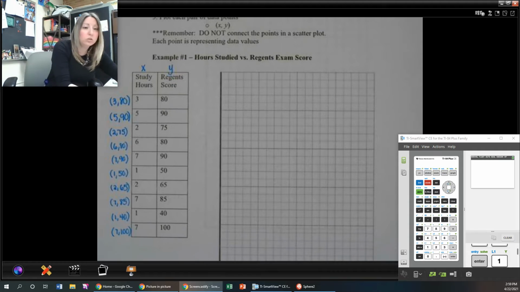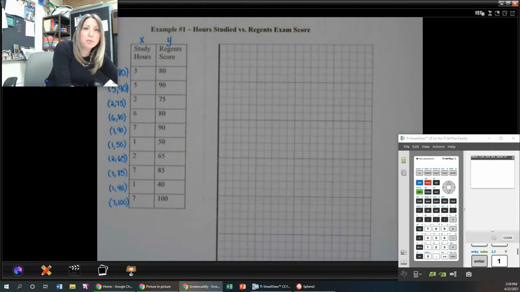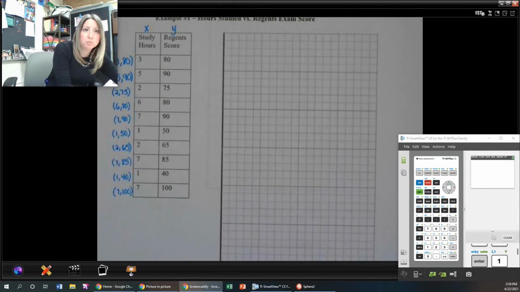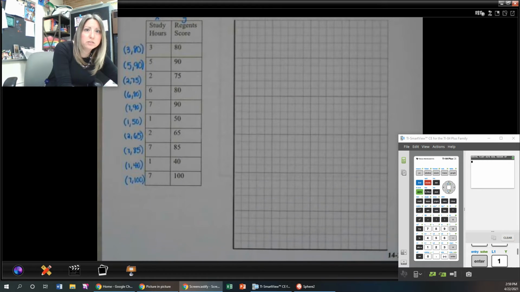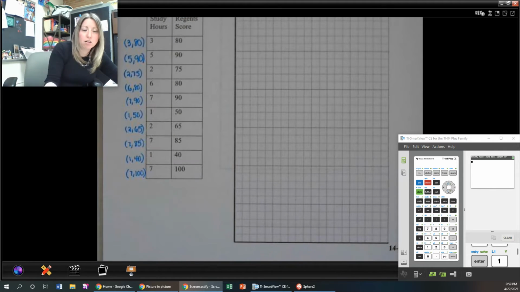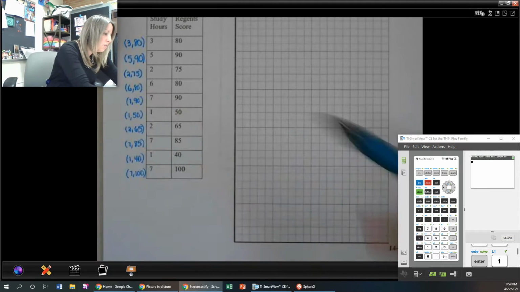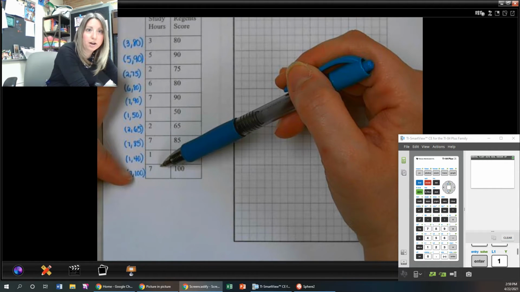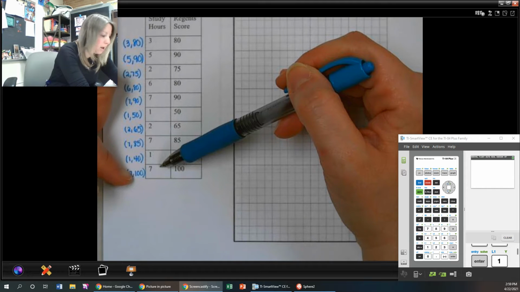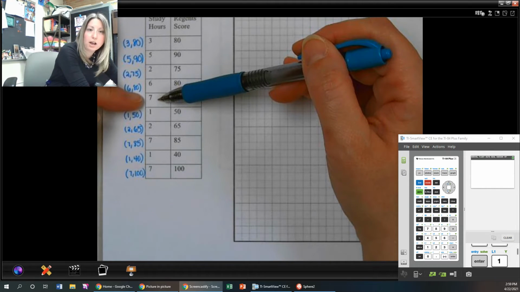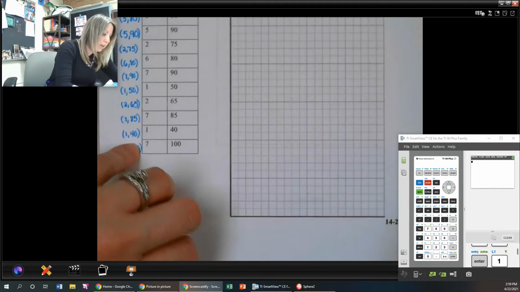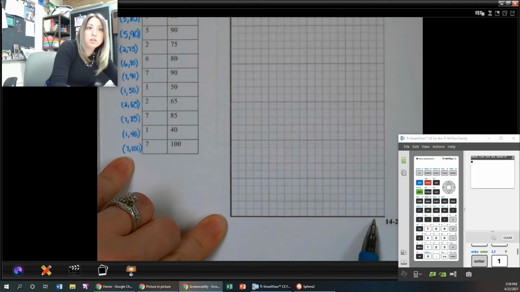Let's take a peek at each of the different variables and figure out how to scale our number lines. We've got our X number line down here, and that's going to be hours studied. It looks like our maximum number of hours studied is 7, so we've got plenty of space to fit 7.